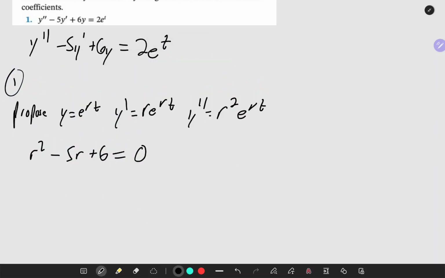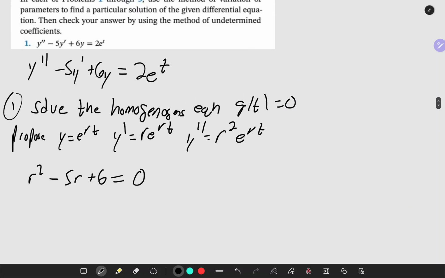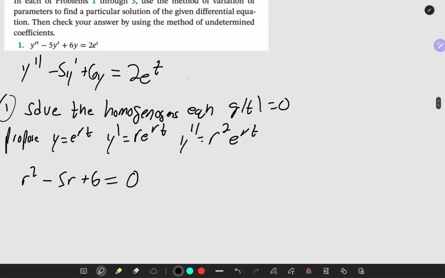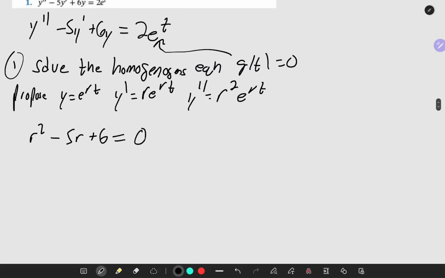So step 1: solve the homogeneous equation where our g of t is equal to 0. This is our g of t, so that's where the 0 comes from.